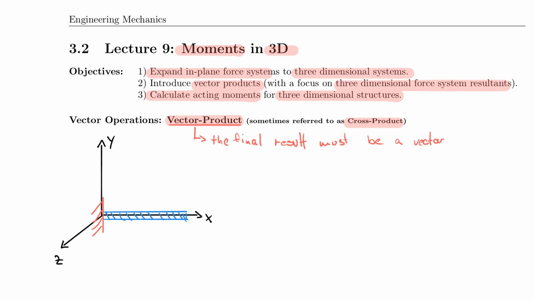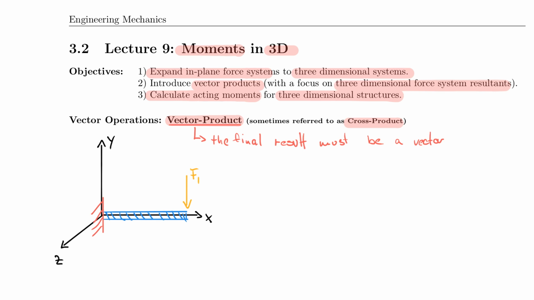Then you would calculate the moment, let's say, at the origin, and what you calculate is really a rotation, or the potential for a rotation, about the z-axis. Please remember that from our last lecture. So let's say I have a force acting on the system, and we all know at this point how that works. Force times lever arm, right?